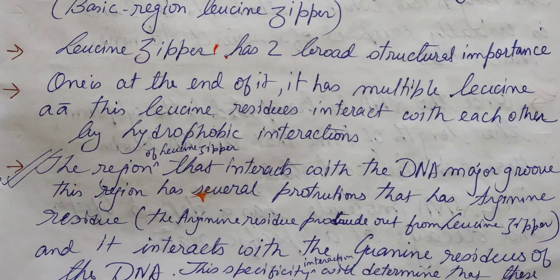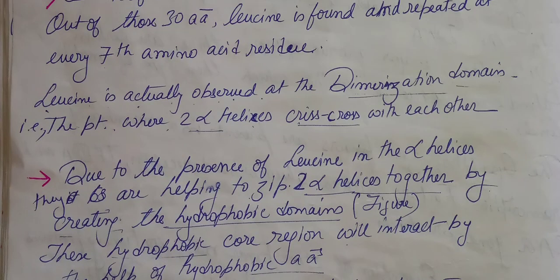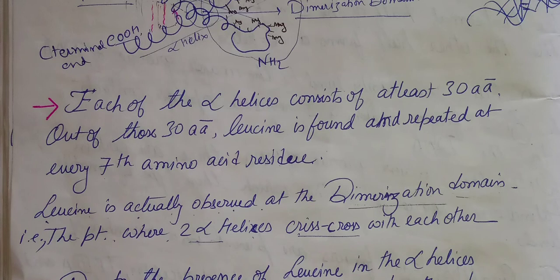Leucine occurs at every 7th amino acid residue of the alpha helix, and each alpha helix is made up of at least 30 amino acids, and out of those 30 amino acids, leucine is repeated at every 7th residue.